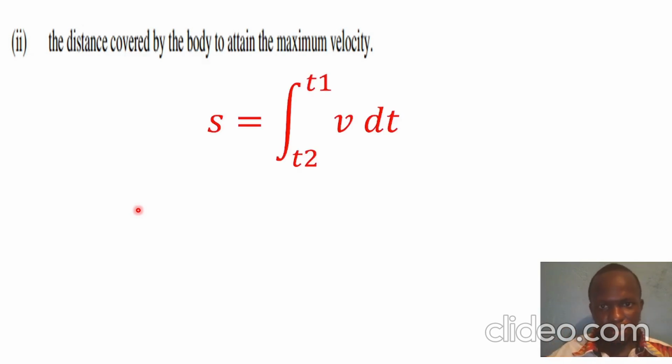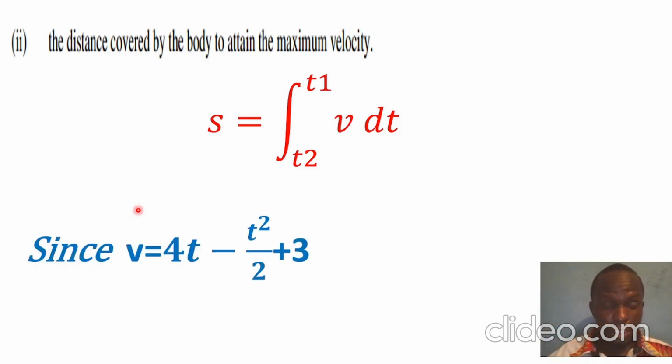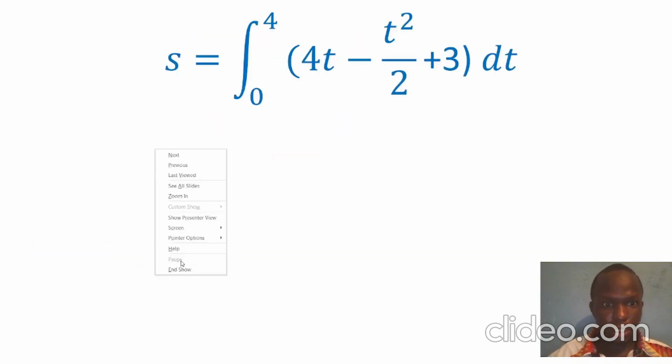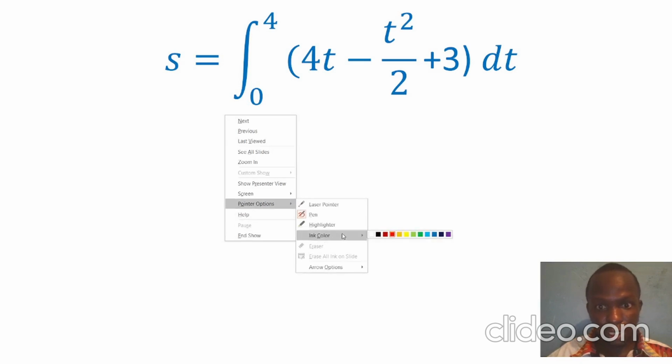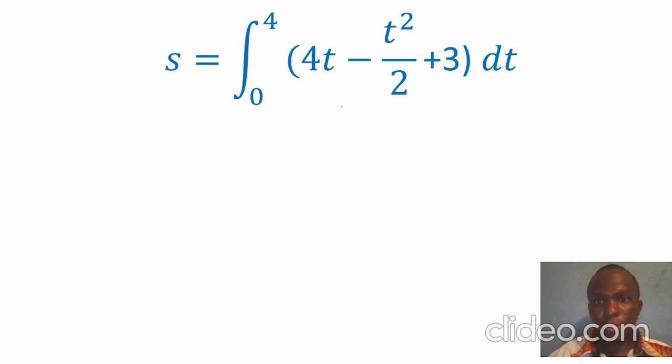Like we have done with the first one, this kind of problem is a definite integral, integration from the lower limit to the upper limit. Since we already have the velocity function, we integrate it.